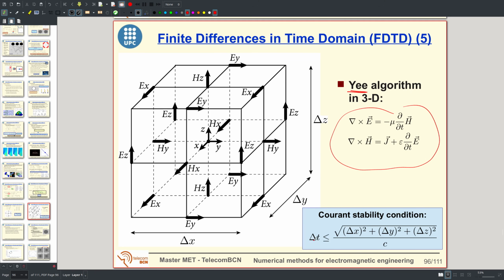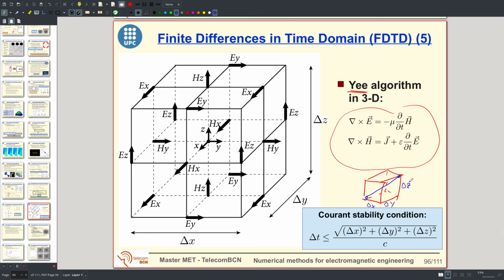computational methods. The condition now is for the diagonal of the cube. So here we have our cube, and we have to compute the stability condition for the diagonal, that is delta x square plus delta y square plus delta z square, and the square root of the sum.